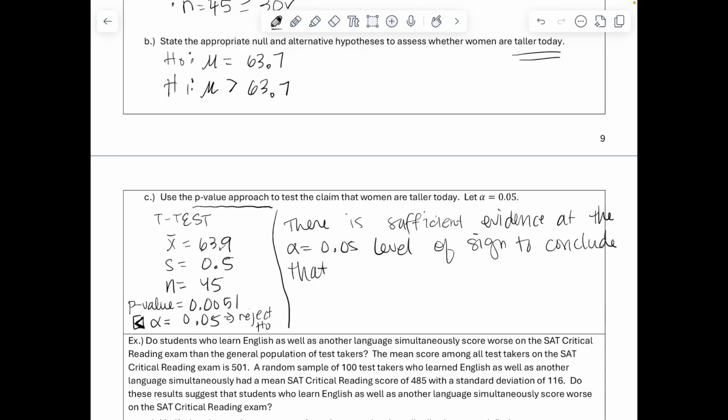So to conclude that women are taller than they were in 2019.